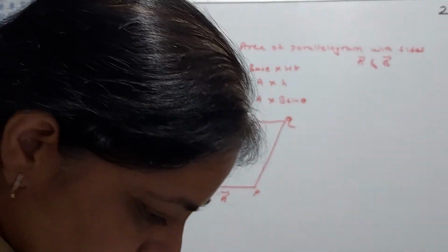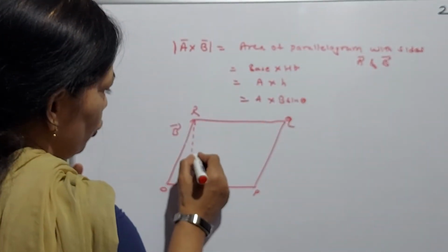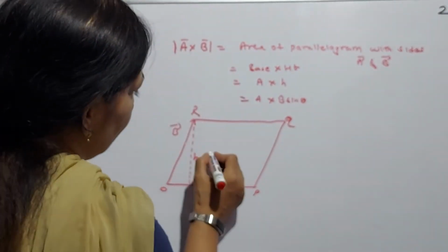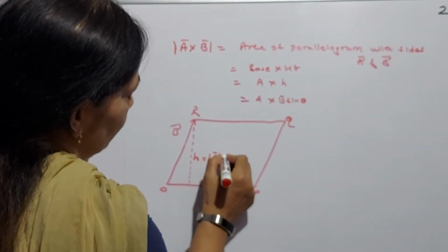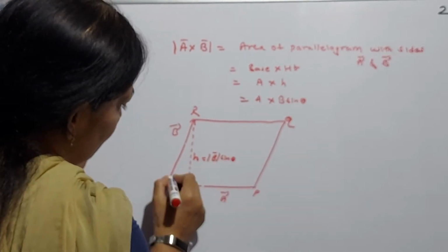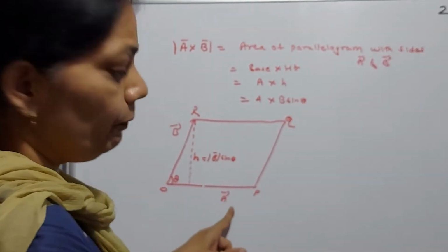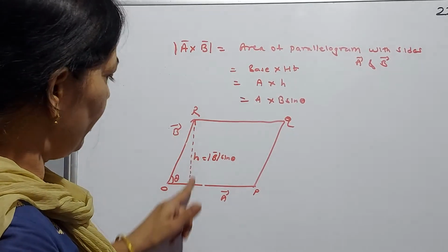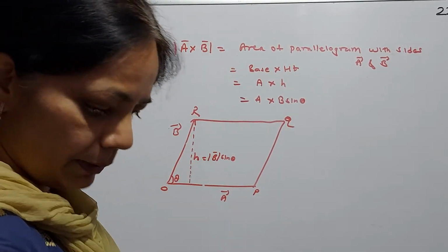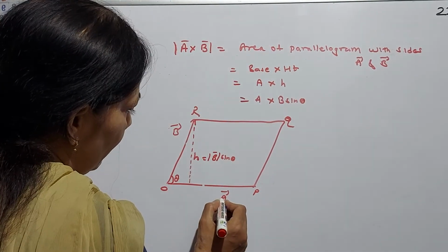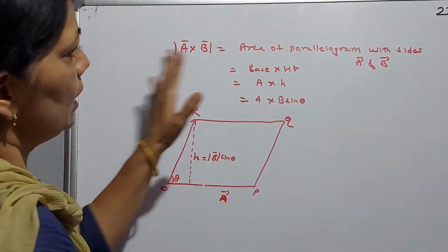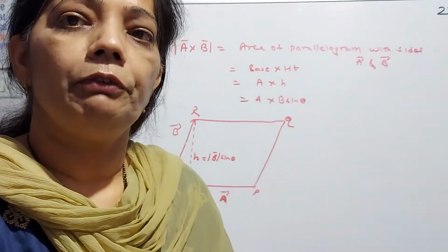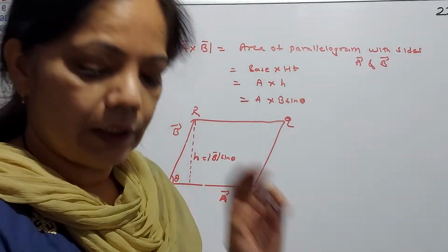So over here, this is my h, height will be nothing but b sine theta. This is angle theta. So the sides will be A, the base, and B, the vectors over here, and the perpendicular will be h, b sine theta. So this will give me the area of the parallelogram with vectors A and B in this fashion.